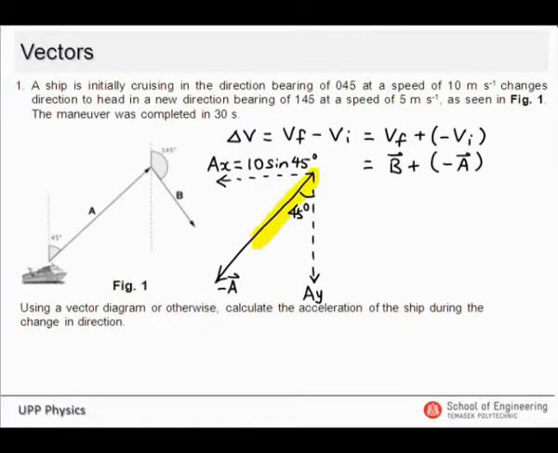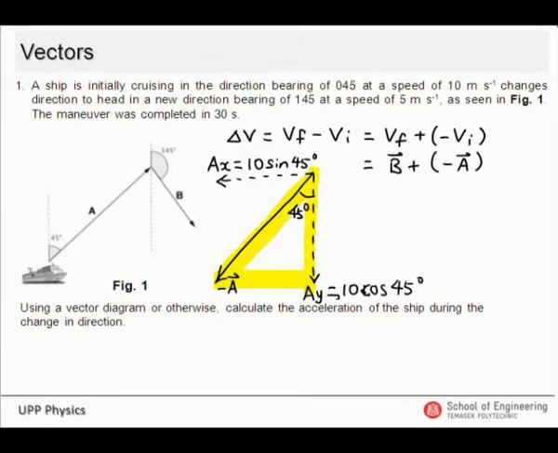There's this triangle here. It's opposite, so it's 10 sine 45. Now what about the vertical component? The vertical component will be 10 cosine 45 degrees. So these two components are found.